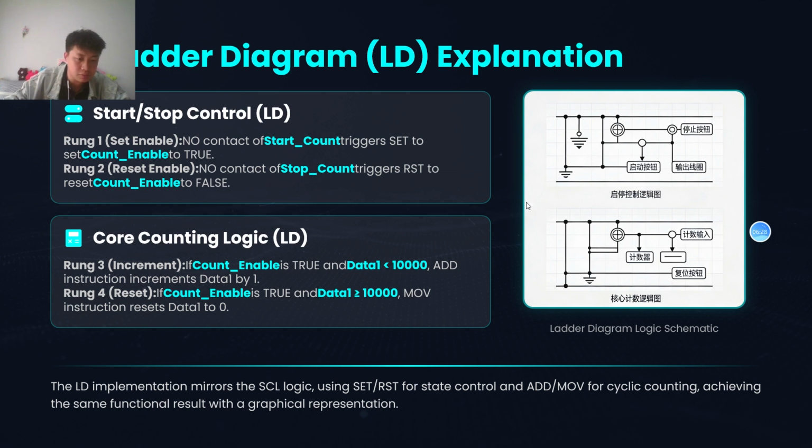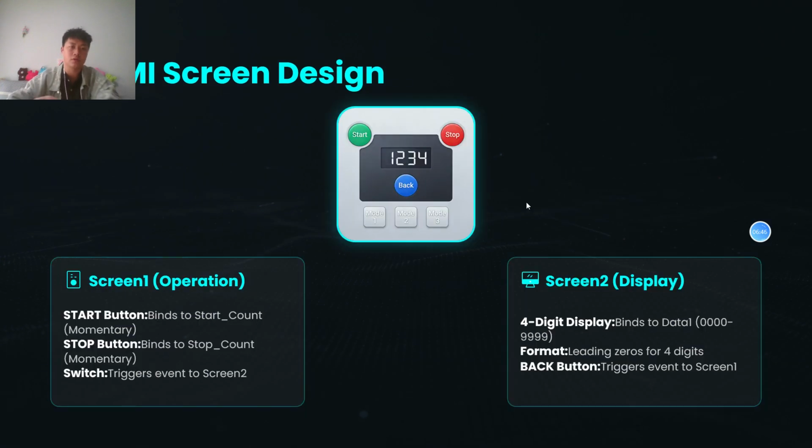The LD implementation mirrors the SCL logic using set reset for state control and add move for select counting, achieving the same functional results with a graphical representation. Okay, so you can see the HMI screen design. Screen 1 operational: start button, stop button, and switch. And screen 2 display: a 4 digit display format and back button.